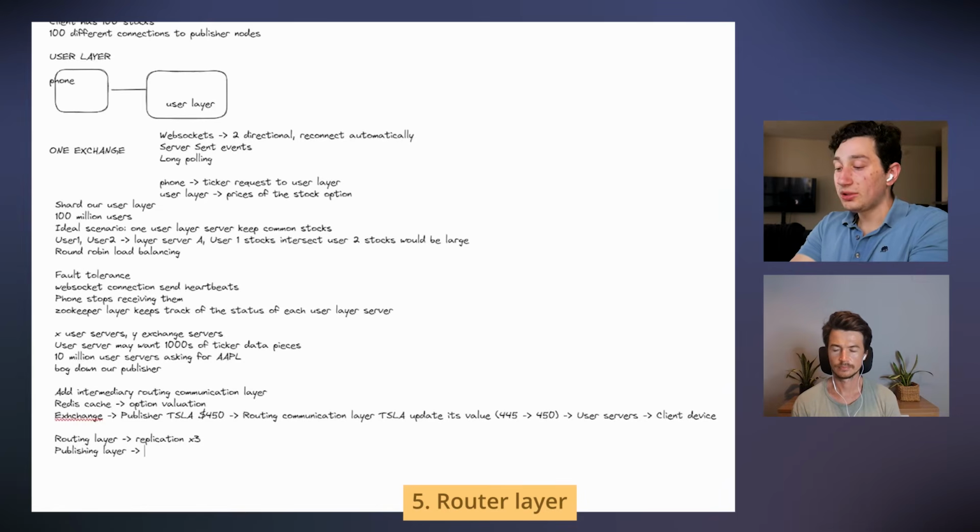But as for the publishing layer, the interesting thing is, again, my solution is going to be replication. However, the interesting thing to note is that our publishers are stateful.